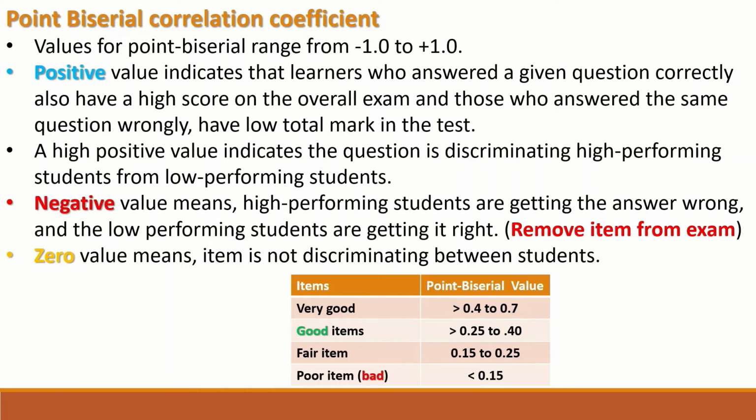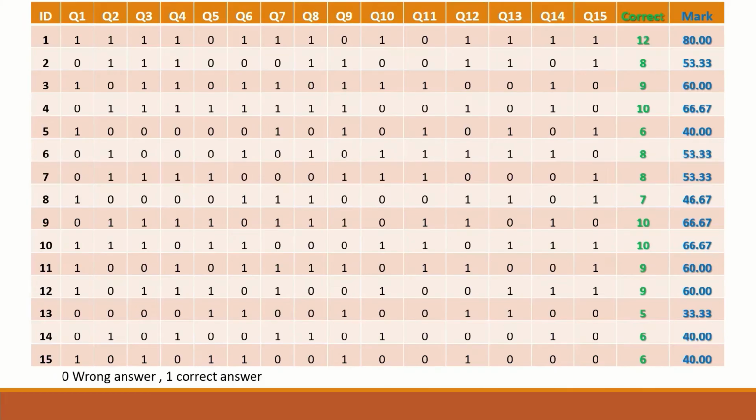Any question that has a point-biserial value of less than 0.15 is a bad question or a bad item that is worth modifying or omitting from the exam.